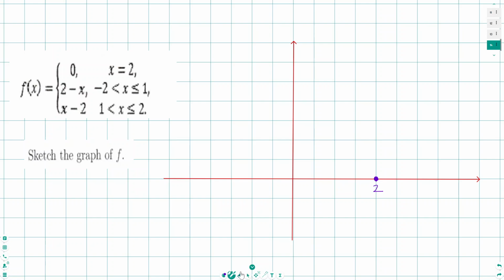So one of the points is -2, 4. The other point is the upper value of the x, which is 1, and the function is 1. So I need to plot 1, 1.